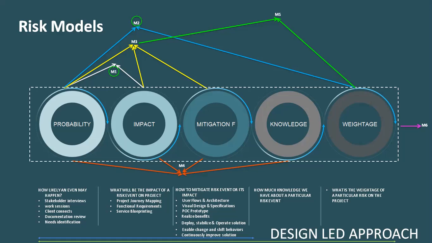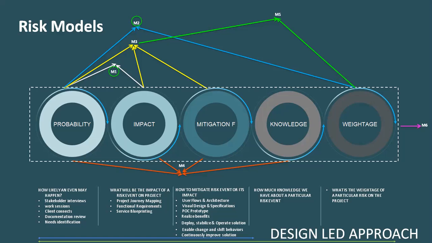As I said previously, it will never be 100%, but an expert will be able to mitigate that risk to a very large extent. Last is weightage: what is the weightage of that risk on our project or on our objective, right?